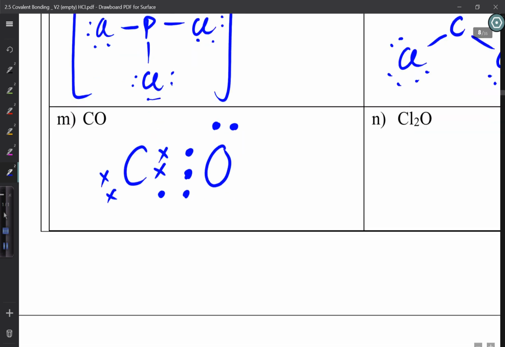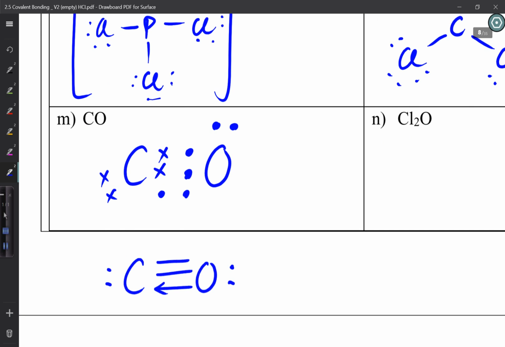In other words, for the bond between carbon and oxygen, 2 of them are normal covalent bonds, 1 of them is a dative bond. So how do we illustrate it? We illustrate it this way. Nothing wrong, right? Previously I already mentioned that a dative bond is just like a normal covalent bond. So this is the structure of CO.